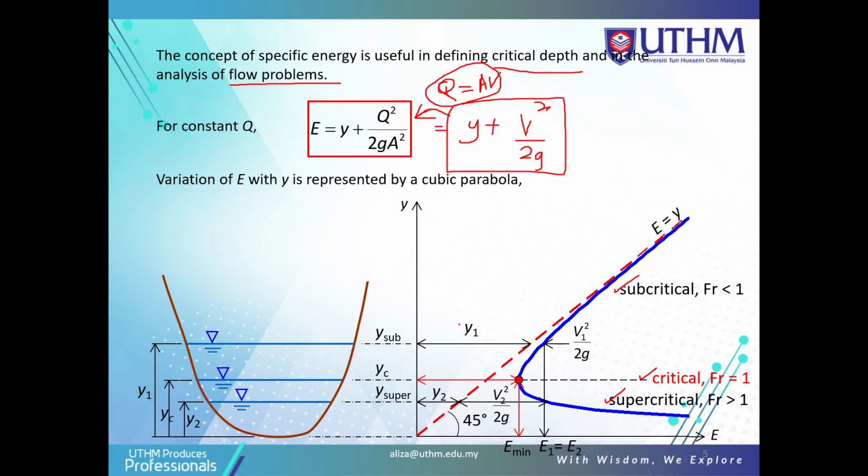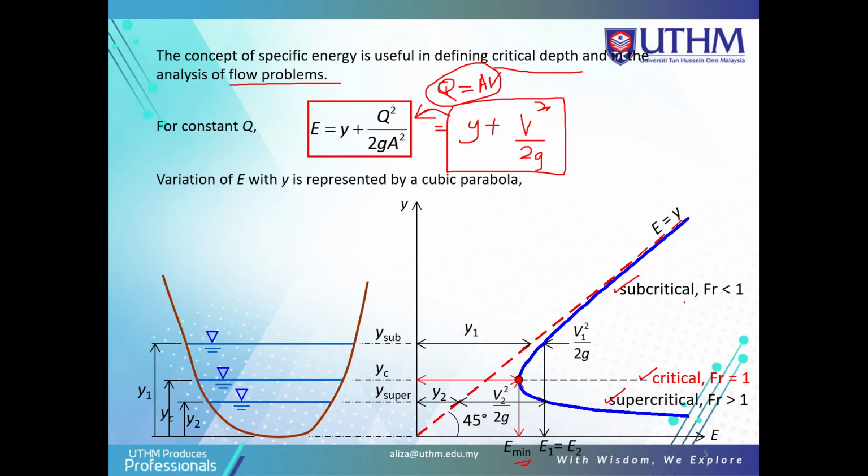Now we look at the parabolic graph. At E minimum we get the critical y. At y critical, this is the E minimum. Where E1 is equal to E2, we get y1 and y2, the subcritical and supercritical depths.